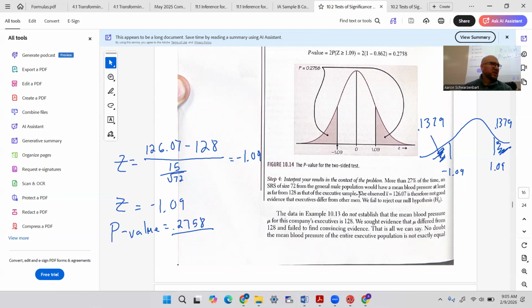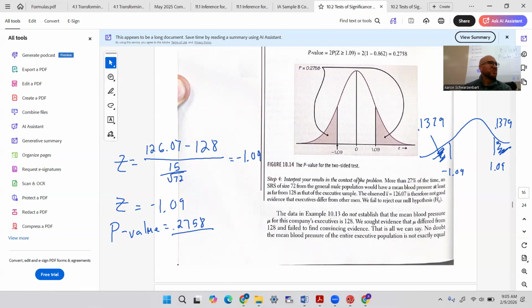Should I reject or fail to reject H naught? This is way too high to reject it, correct? So I'm going to fail to reject H naught. What this says is we lack evidence to conclude that this company's male executives, 35 to 44, have a different mean systolic blood pressure than the national average of 128.